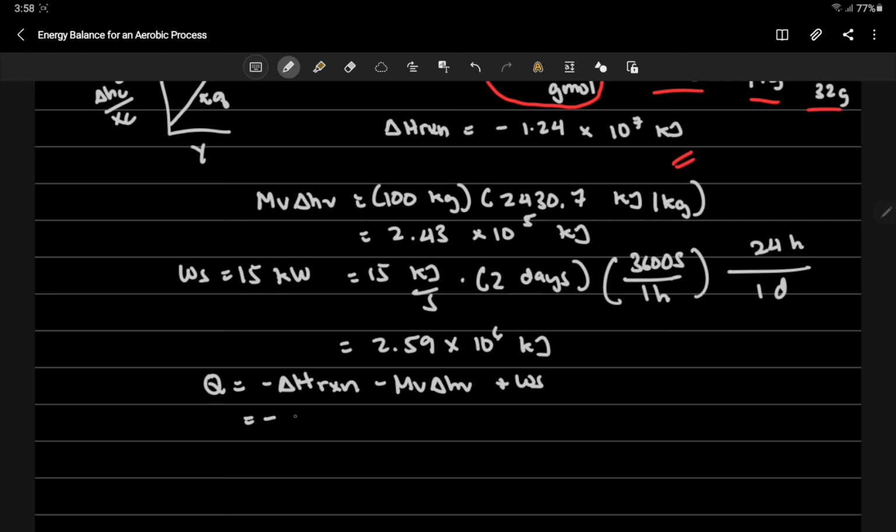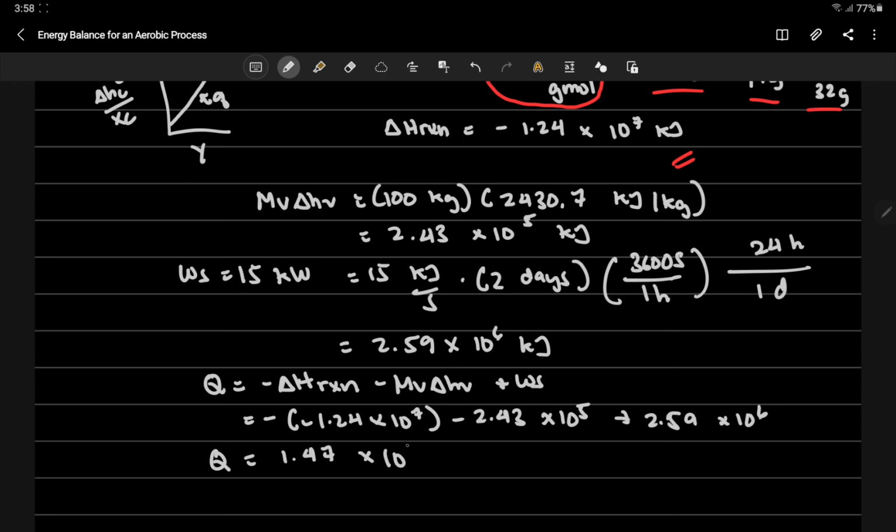So negative daw of negative 1.24 times 10 raised to 7 minus 2.43 times 10 raised to 5 plus the shaft work of 2.59 times 10 raised to 6. And you will get here a value of Q, which will be 1.47 times 10 raised to 7 kilojoules. Positive siya, ibig sabihin, it indicates that heat must be removed from the system. Okay, so that is our final answer.